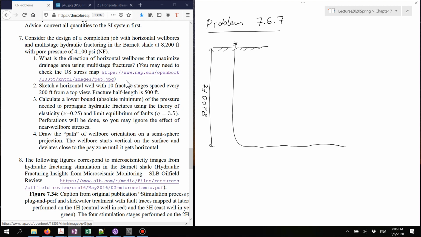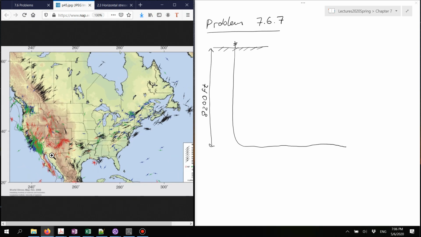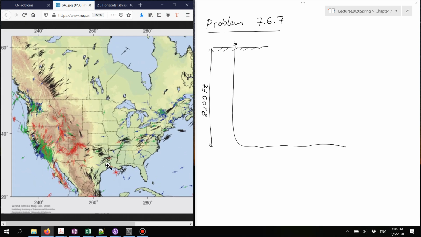If you click in this link, you're going to get into this picture that shows the state of stress in the US. The direction of the lines tells you what is the direction of SH max. So for example, here near the Barnett, SH max is going in direction more or less, let's say 30 degrees from the east towards the north.